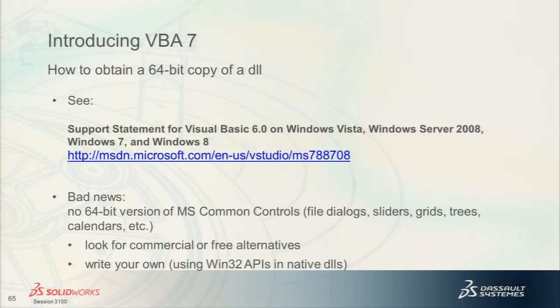So that is really bad news, because this is used by many people. So again, you have to find an alternative or write your own, as I said, using Win32 APIs. But this is very frustrating because these controls have been in existence so long, and they could have ported them, but we have to live with it. We'll find some ways around it.